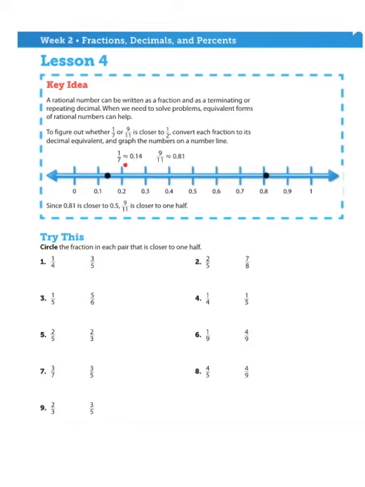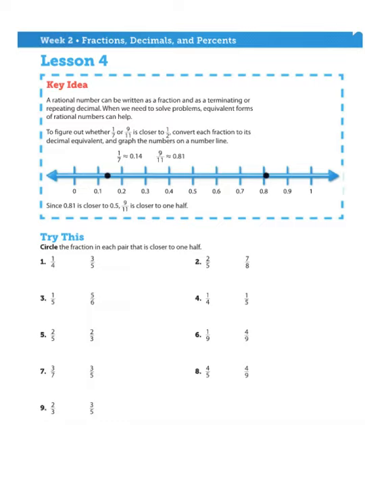So they took 1/7 as a decimal, which is 0.14, and 9/11 is 0.81. My halfway mark would be right here. So 0.8 is here, and 0.14 would be closer to 0.1.